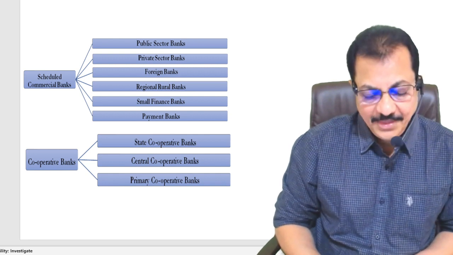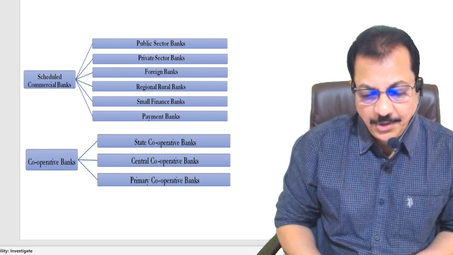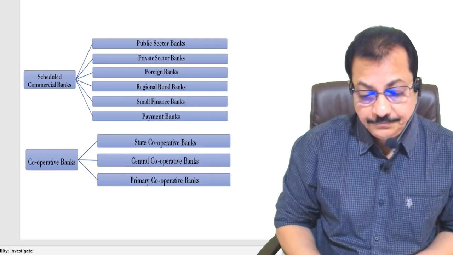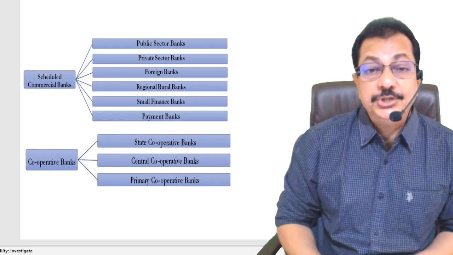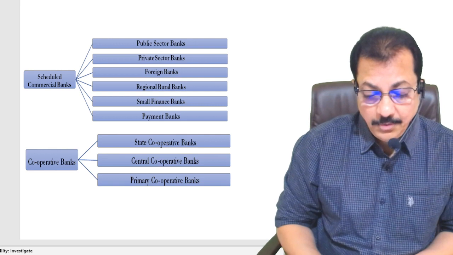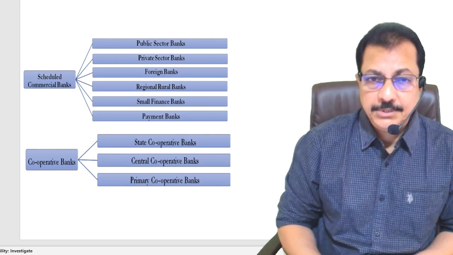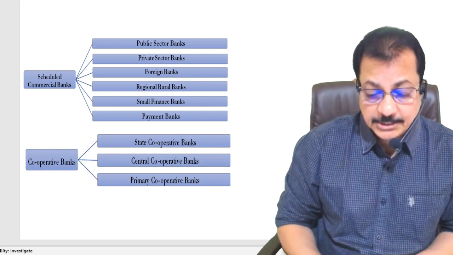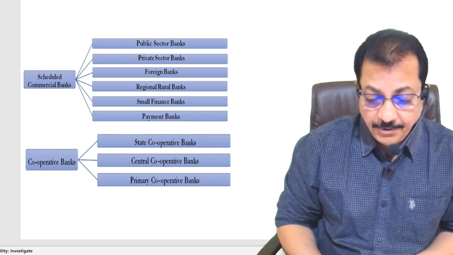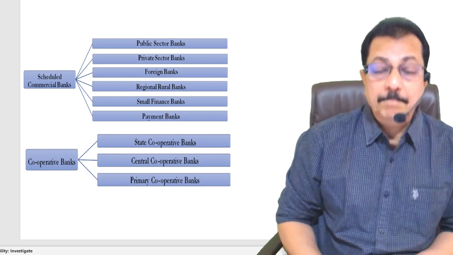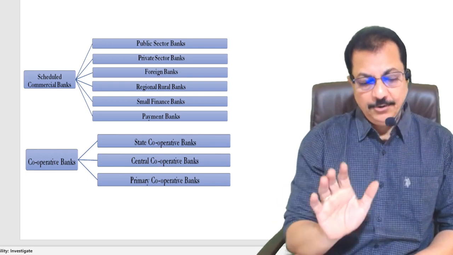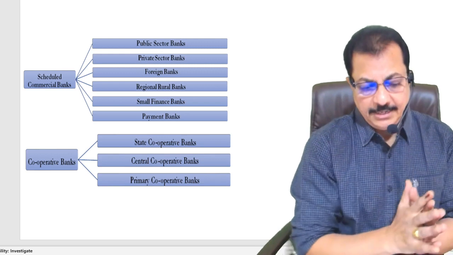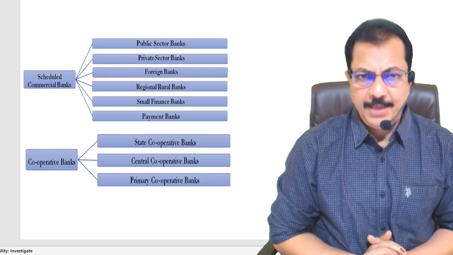In the scheduled commercial banks, you have public sector banks, private sector banks, foreign banks, RRBs, regional rural banks, and small finance banks. And apart from this, the latest one, you also have the payment banks. Very important one. Please write down. They all fall under the category of scheduled commercial banks.